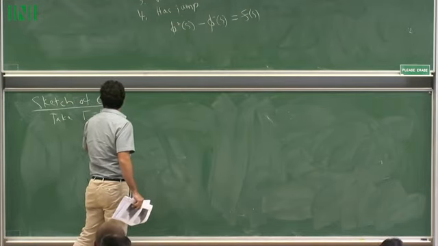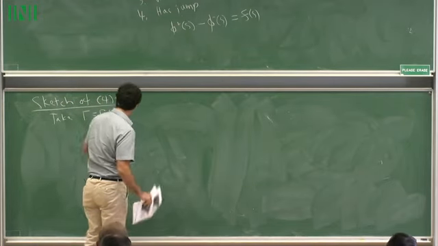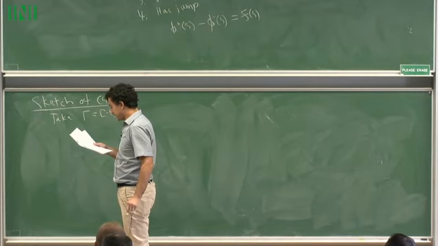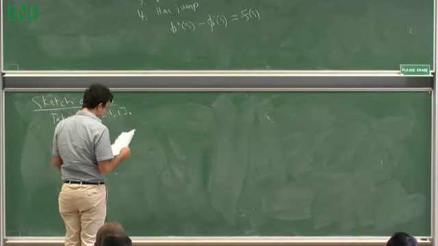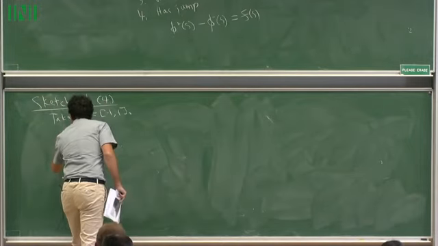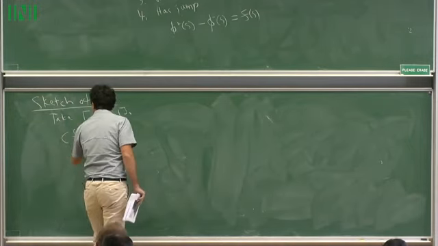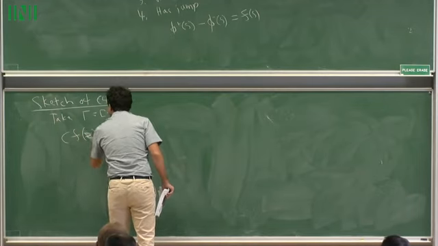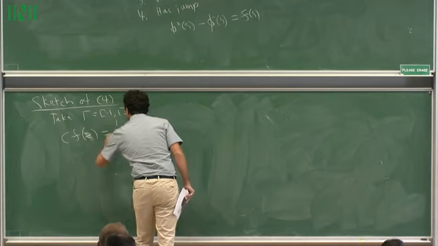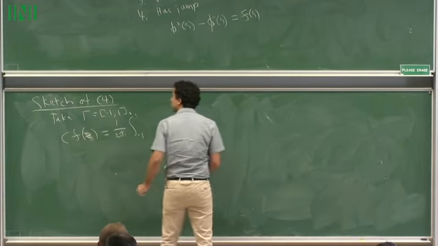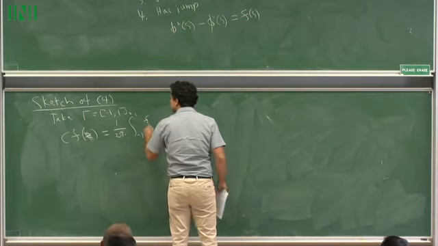Let's just take gamma equal the unit interval for simplicity. Well, then the result is pretty straightforward, which is we can write the Cauchy transform in this way.